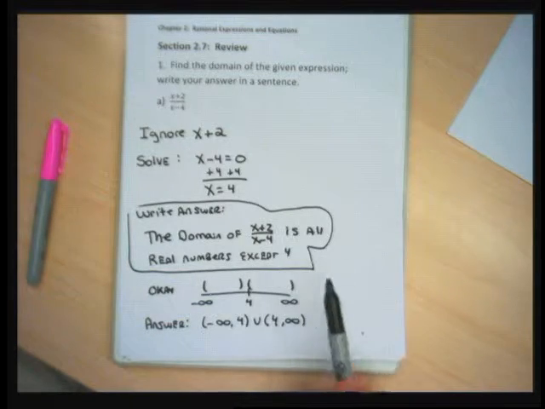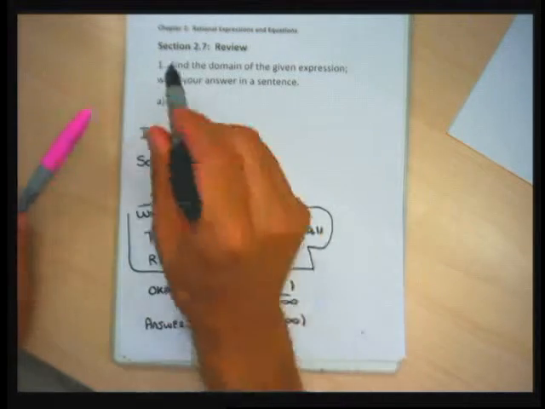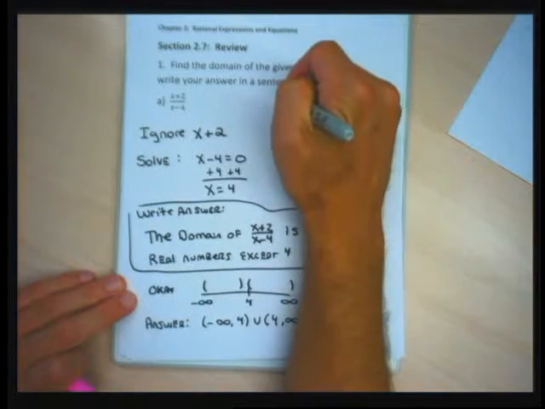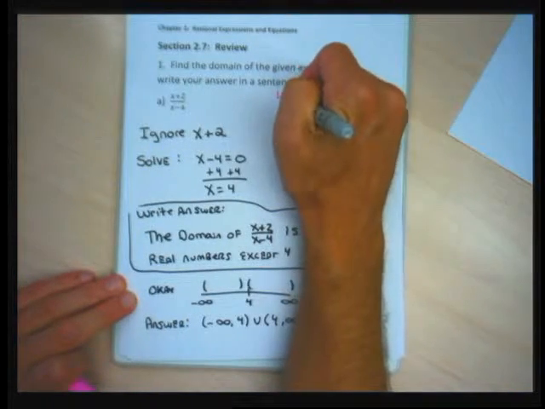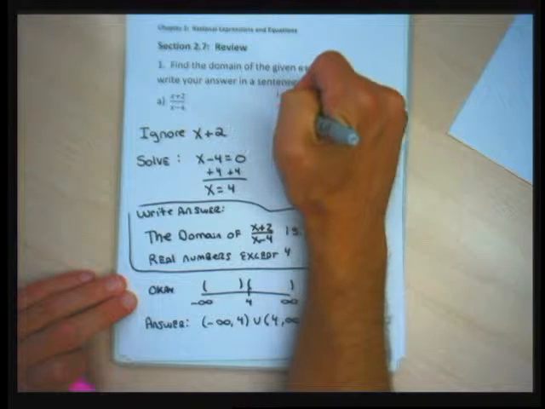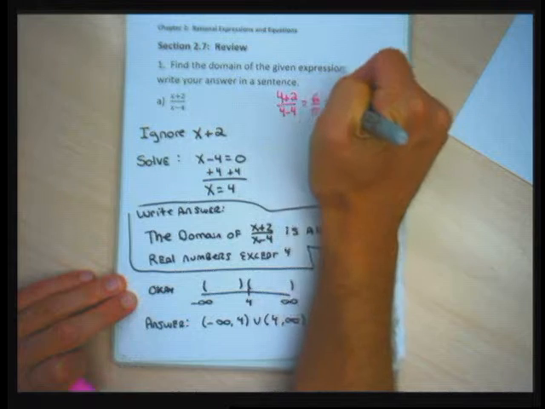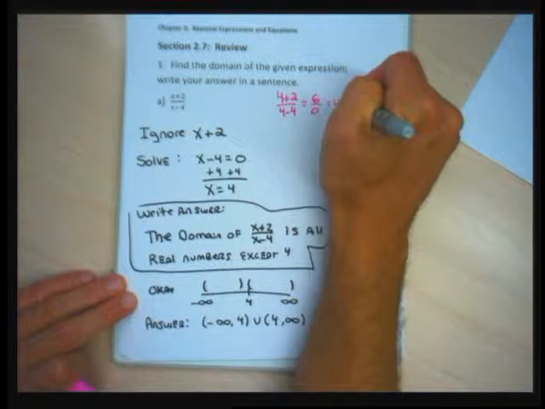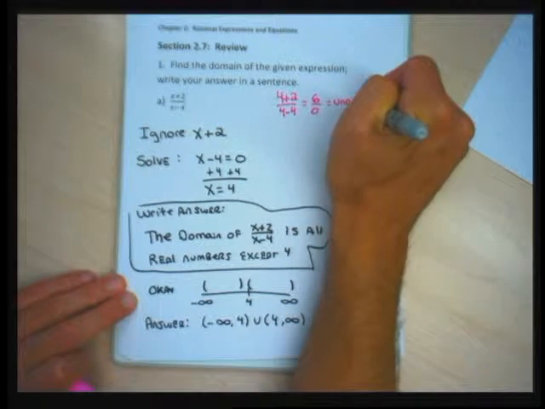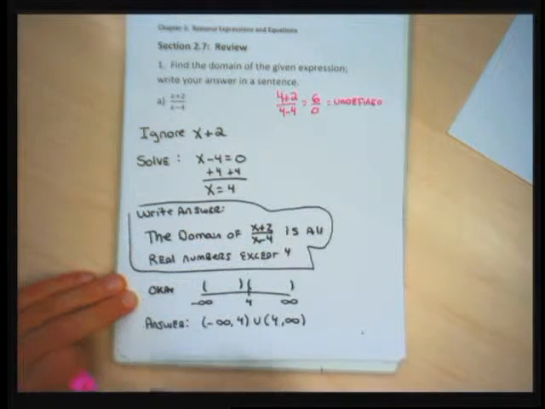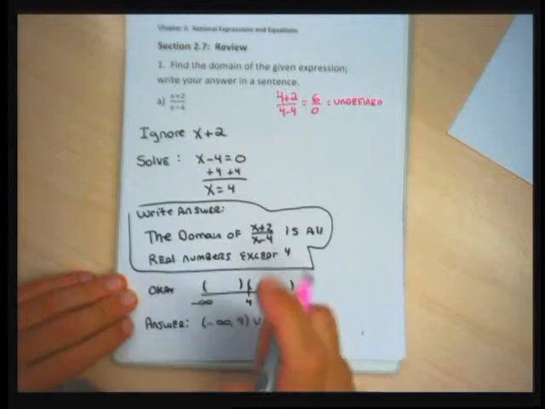I can tell this number is a correct number if I plug it into the original problem and get undefined. If I take the number 4, which is the number I threw into my domain answer, and put it into the original problem, I get 6 over 0, and any fraction with a 0 in the denominator is undefined. So I know that 4 wasn't a good number to plug into the domain.